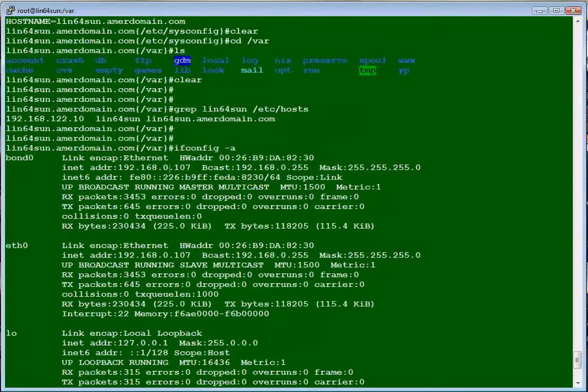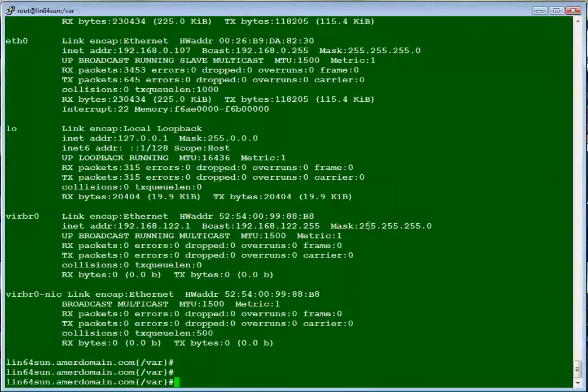You can grep the string inet, for example this one, so that it will display this. So let me run ifconfig -a | grep inet.